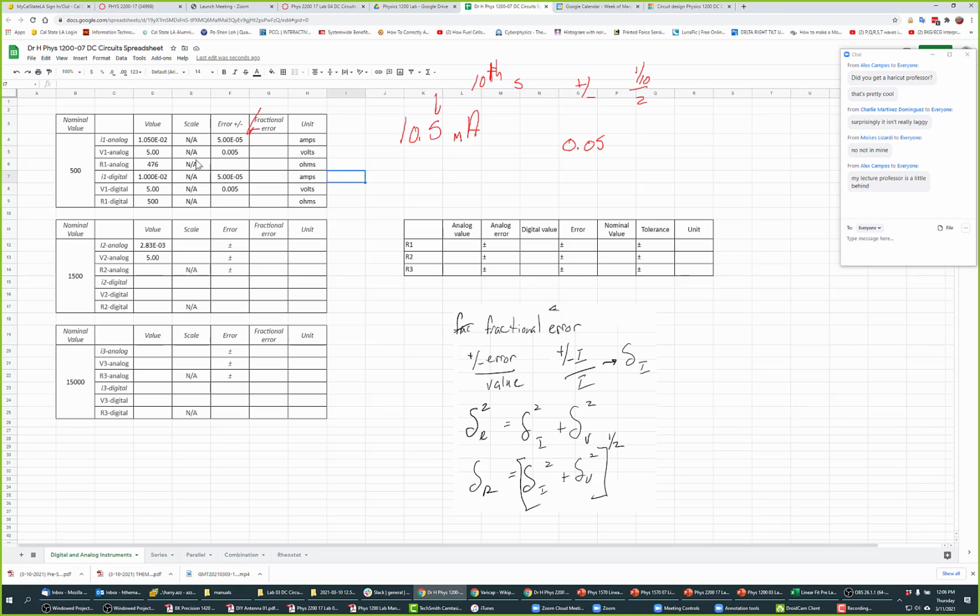And then I have R equals V over I. So that equals the voltage divided by the current. I'm pretty sure I went over this last time. Same thing here, equals the voltage divided by the current. Okay, so it's asking us for the fractional error.